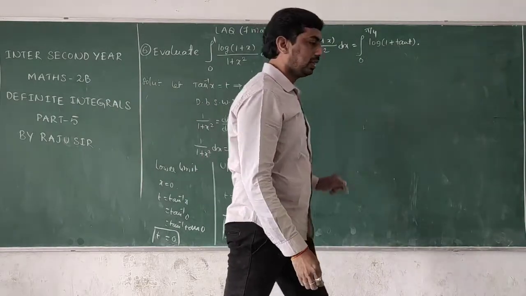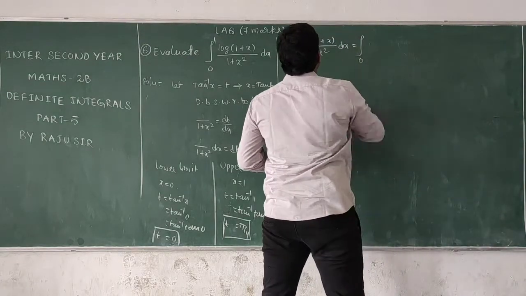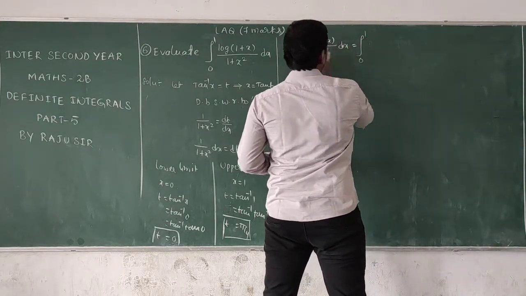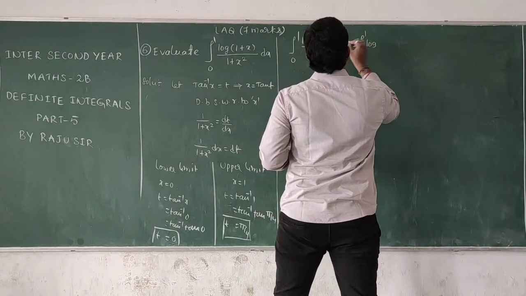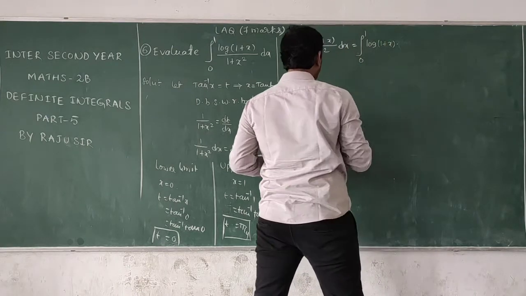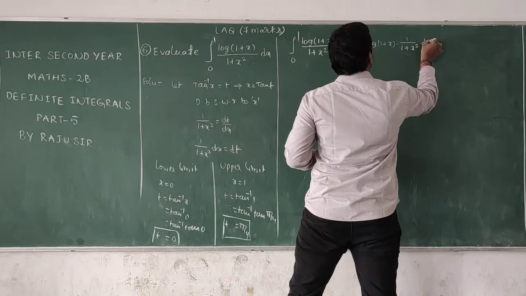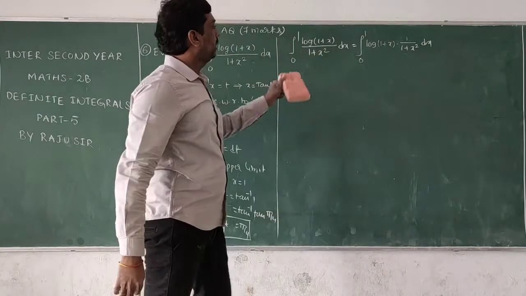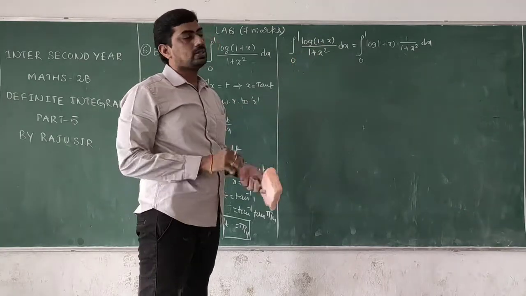If you have not understood clearly, write it down first like this. Before going to the substitution, first reduce the given problem: integration 0 to 1 of log of 1 plus x into 1 by 1 plus x square into dx.